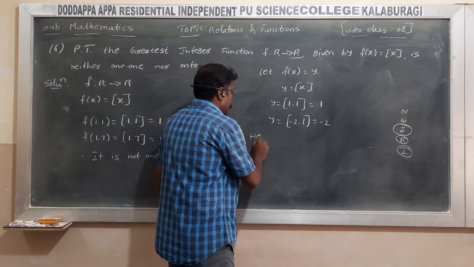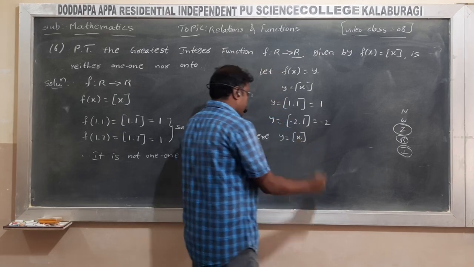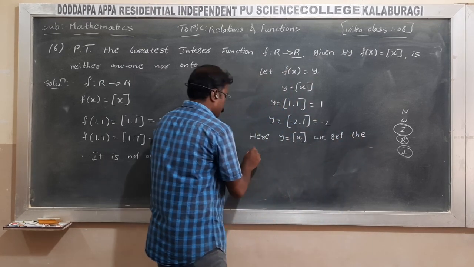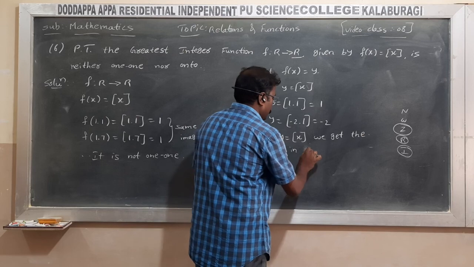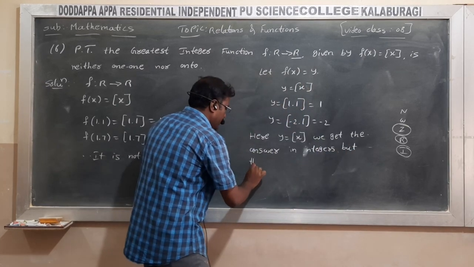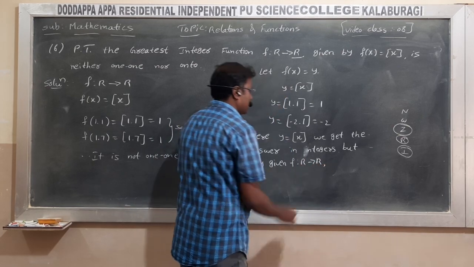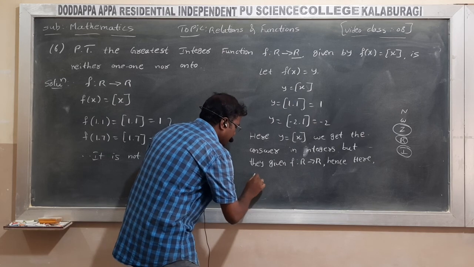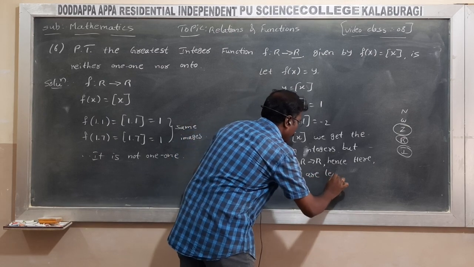You have to write here: y equal to step of x, we get the answer in integers, but it is given f from R to R. Hence some numbers are left.